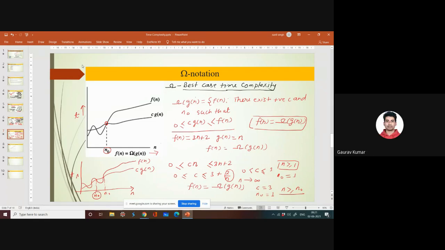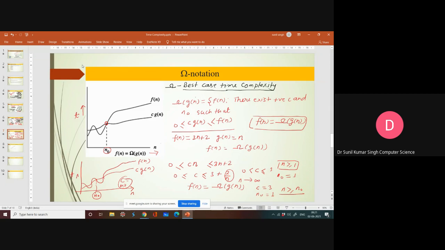No, sir. It is not possible to have this one, because as per the definition, it must not change its behavior for the chosen c and n naught.